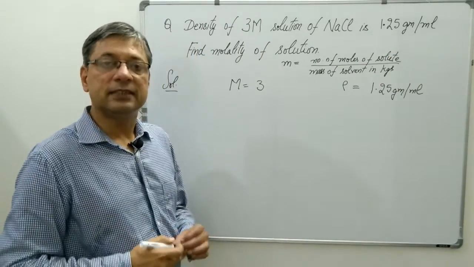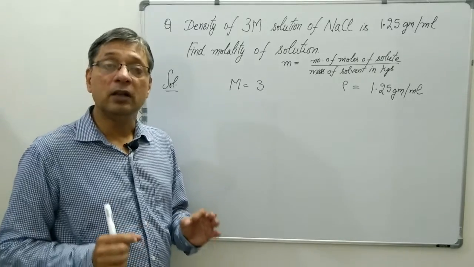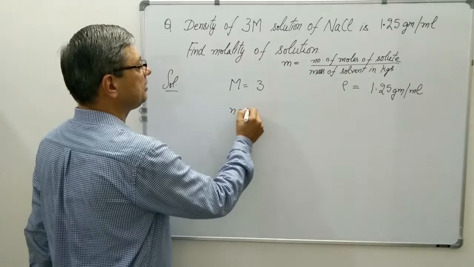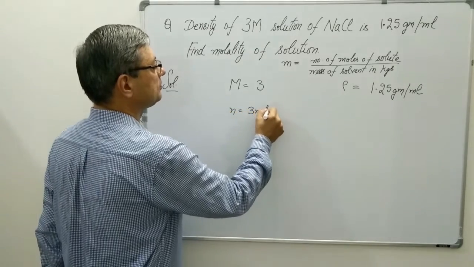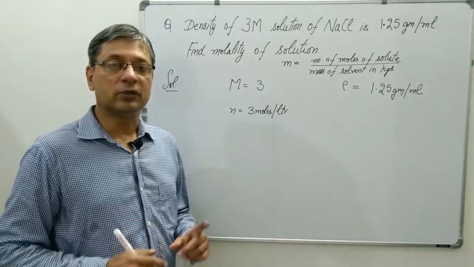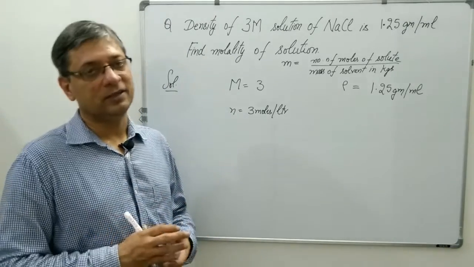Molarity is equal to 3. That means there are 3 moles of sodium chloride in 1 liter of solution. Number of moles, I can say 3 moles per liter. Since we know the number of moles of sodium chloride in 1 liter of solution, we can calculate mass of sodium chloride present in 1 liter of solution.